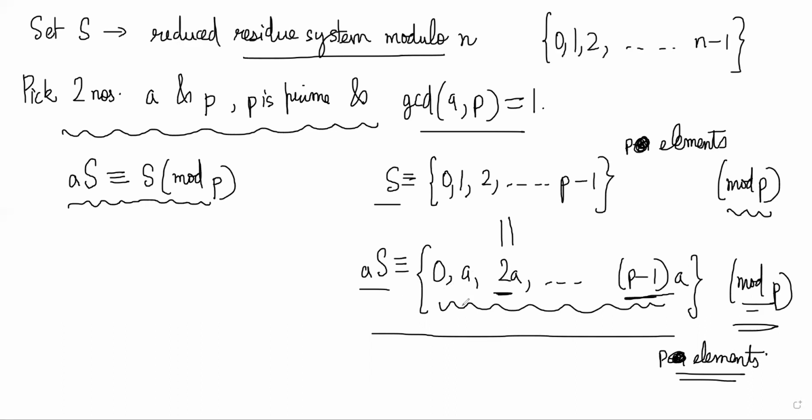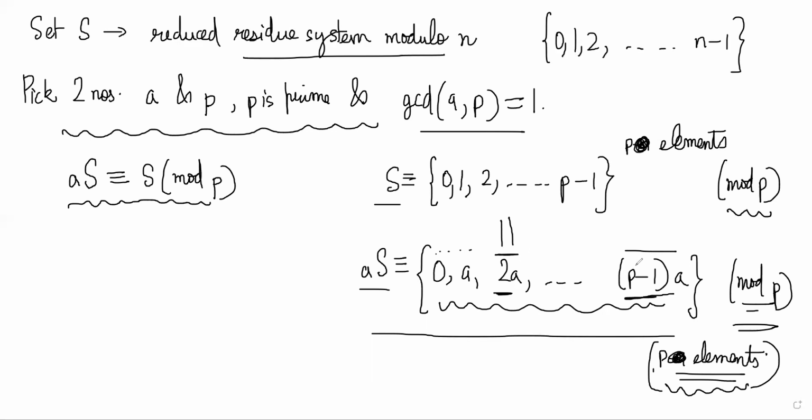If there are P elements and none of them is 0 mod P, then obviously they will be the other remainders that are possible. But can we show that none of them are identical? None of them are identical. That is assured because they are different multiples, right?